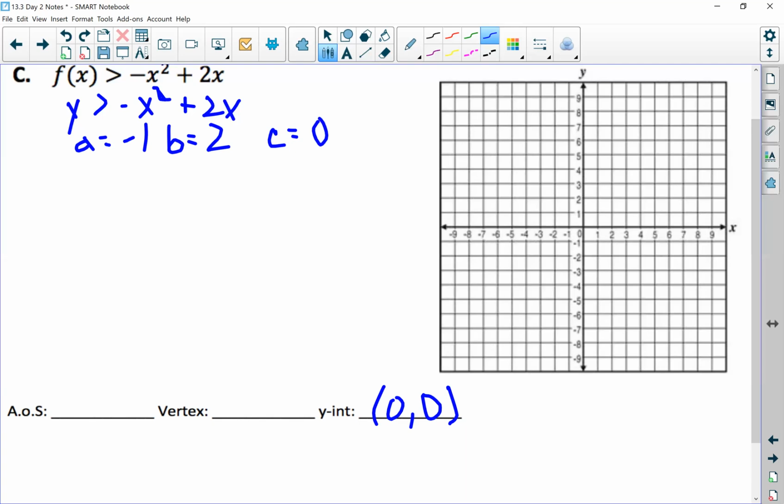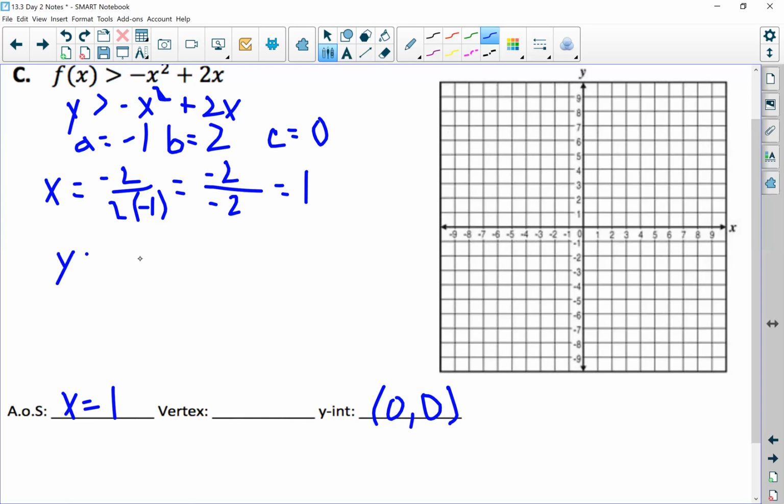Now axis of symmetry, x equals the opposite of 2 over 2 times -1. So the opposite of 2, that's -2. 2 times -1, -2. And -2 divided by -2, 1. So for my y value, I plug 1 in for x.